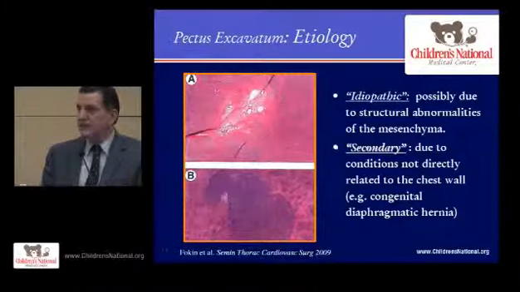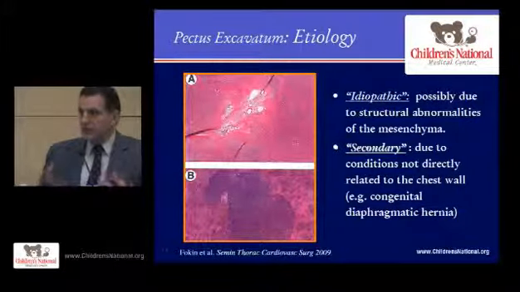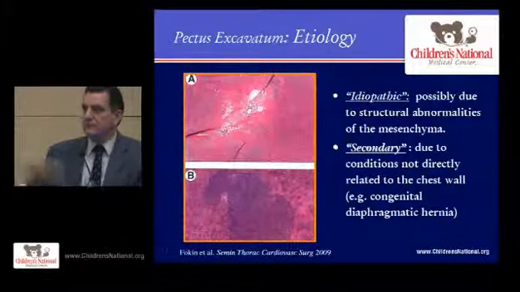Pneumonectomy, especially at an early age, is going to create a vacuum, especially in the past when they were not using prosthesis inside, and as a result, the chest wall is going to start being pulled inside. Also, we see it with patients who have very significant, especially upper airway problems, and use an extremely high pressure to overcome the obstruction, like a severe subglottic stenosis. You need to use a lot of the intercostal muscles, and you keep pulling the chest inside, and as a result, you can develop a secondary pectus.